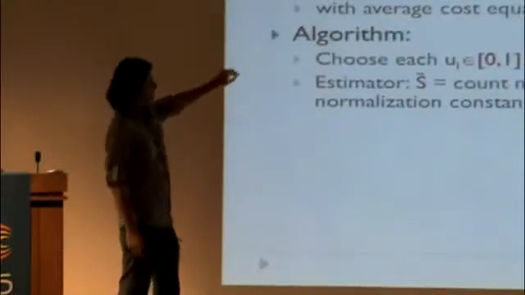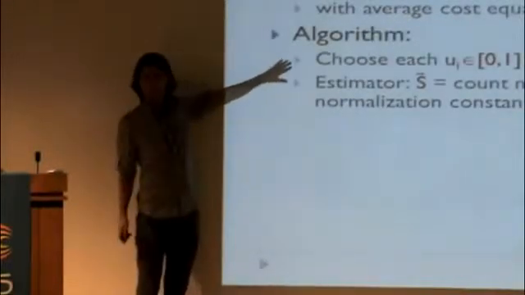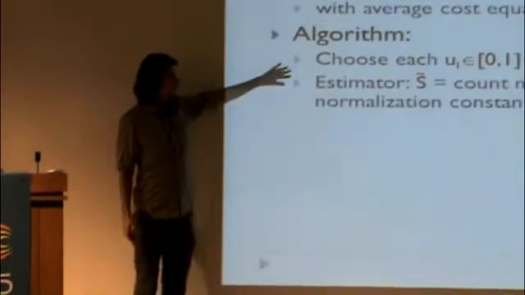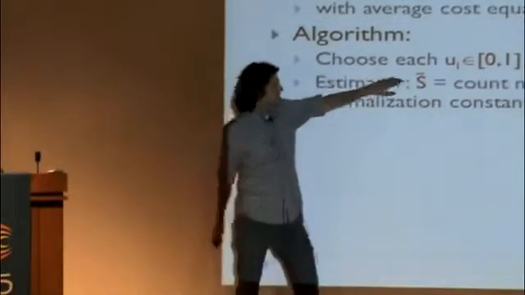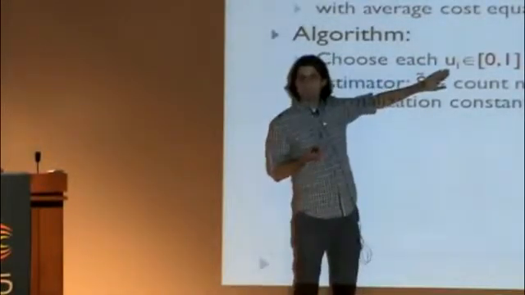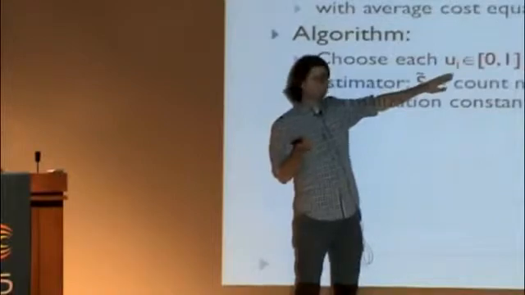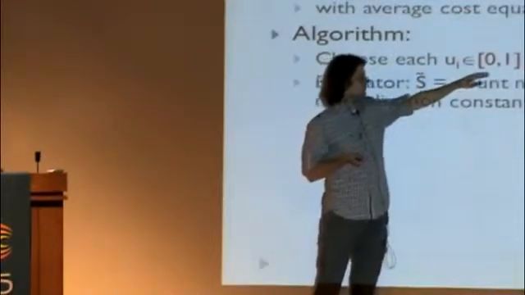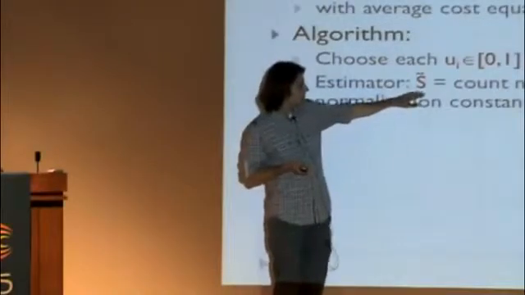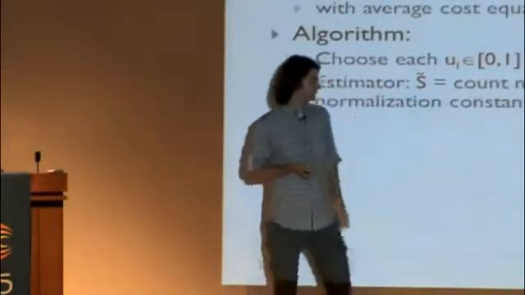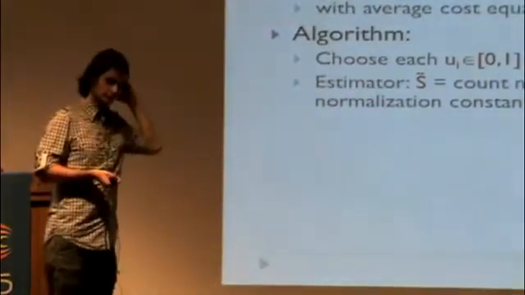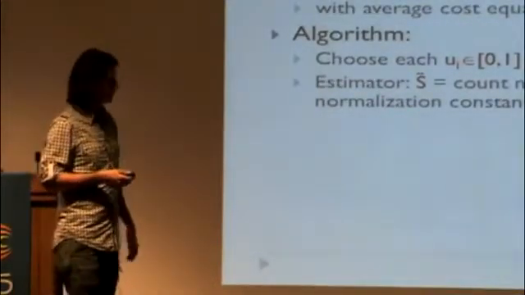And here is actually the algorithm. I'll just show you the algorithm for how to get this, and to say that this is relatively simple. It turns out there is a reason I chose this variable to call u_i. It's enough to choose them uniformly at random between 0 and 1, and then the estimator just counts the number of a_i such that that inequality holds. So this is all.